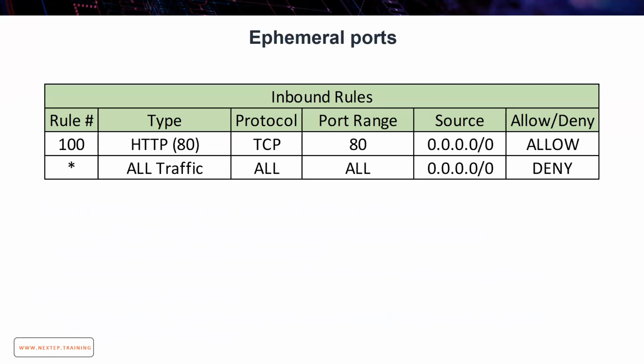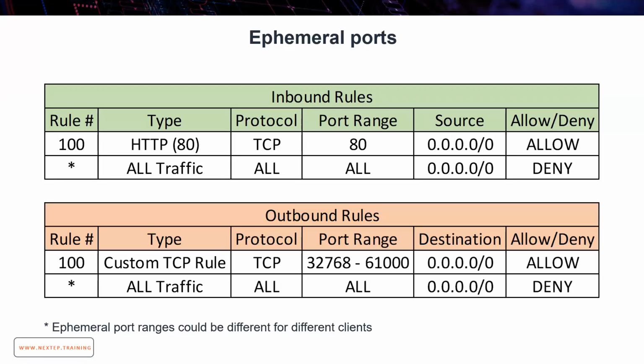So this is your inbound rules. What you are saying, ephemeral port in this inbound rules, right? Your web server, you have a web server. You are saying allow port 80 to everyone. Make sense here? But your outbound should say that rule number 100 or whatever the number it is, and the custom TCP rule.